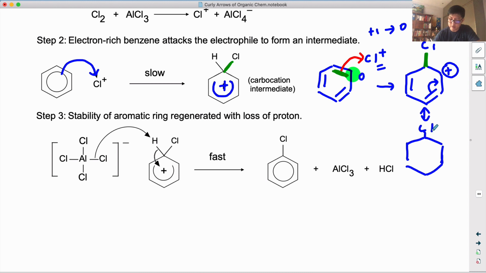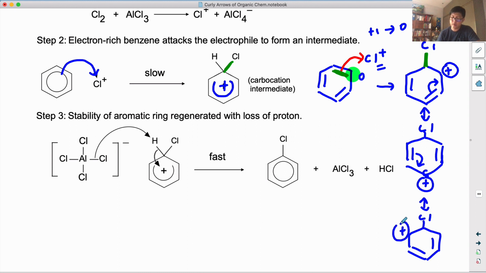Now the Cl is over here, there's a pi bond here and a pi bond here, and this carbon here will become a plus. Then there's another electron movement like that, because the pi bond will go to the carbon that is electron deficient, so I can draw it this way, and this carbon will become a plus.